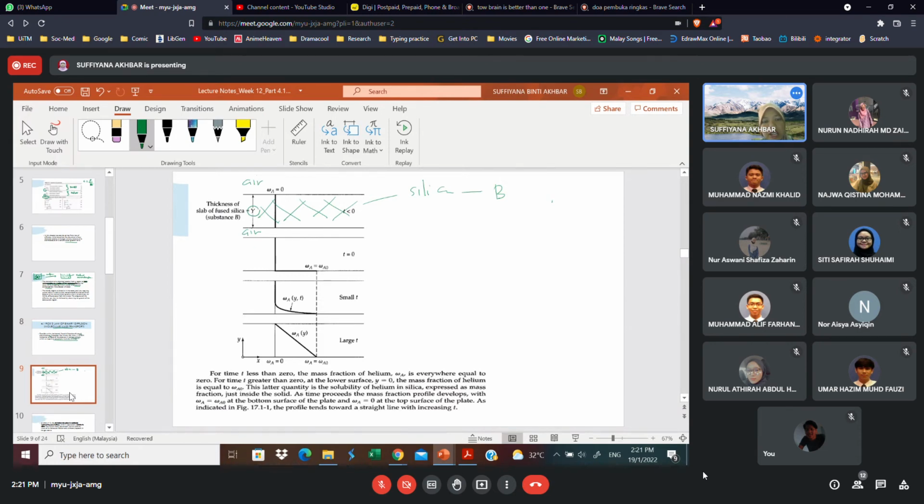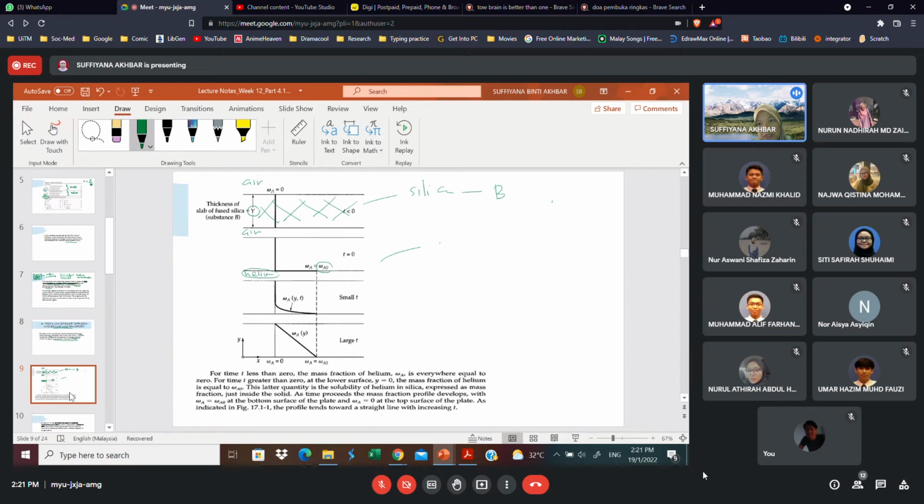Then the air at the bottom here is suddenly replaced by helium. We know that air cannot dissolve into the silica, it is insoluble in silica, but helium can dissolve into the silica. Therefore, the concentration of helium here is omega A naught.